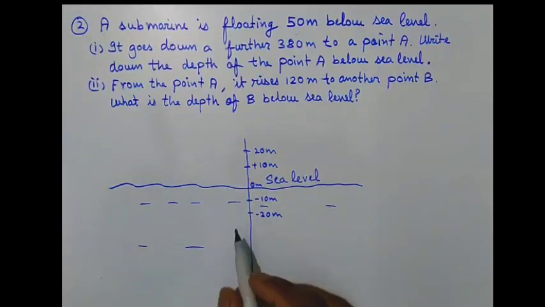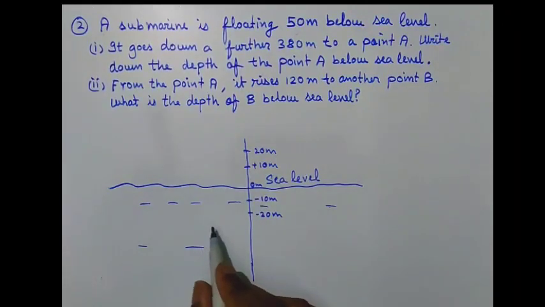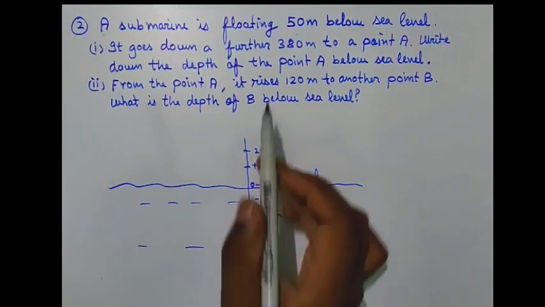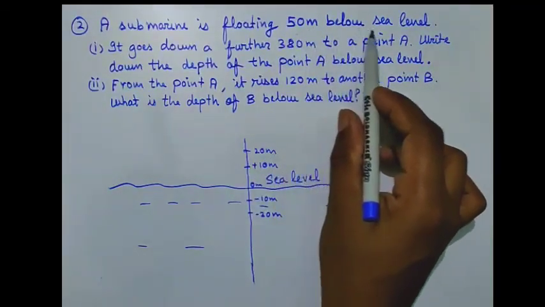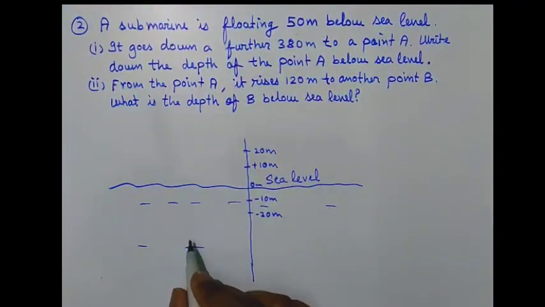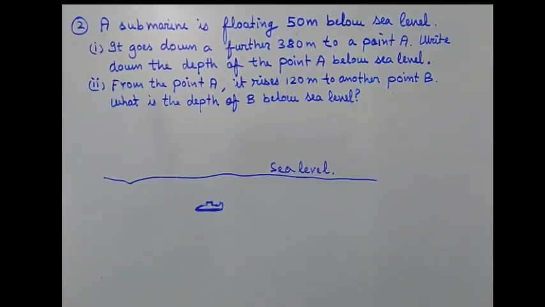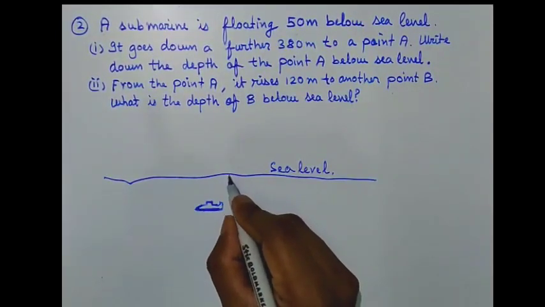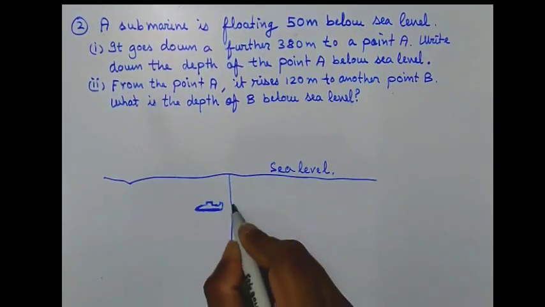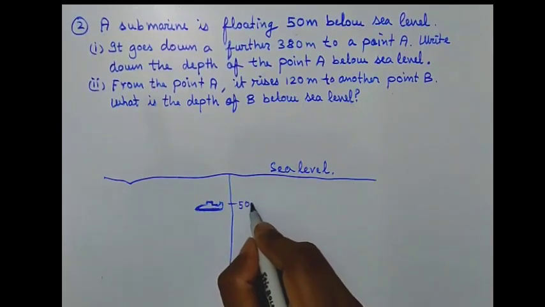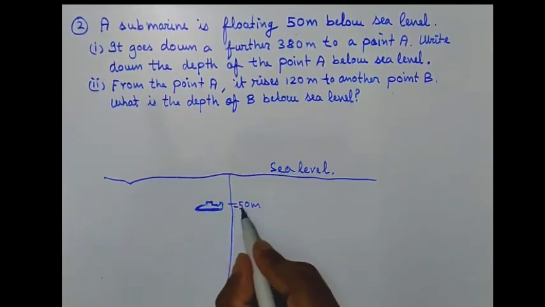So here we have a submarine that is floating 50 meter below the sea level. Let's erase this part and just understand this. Now let's imagine this to be a submarine that is floating 50 meters below the sea level.